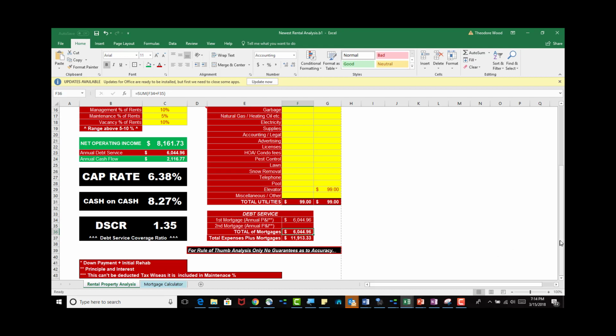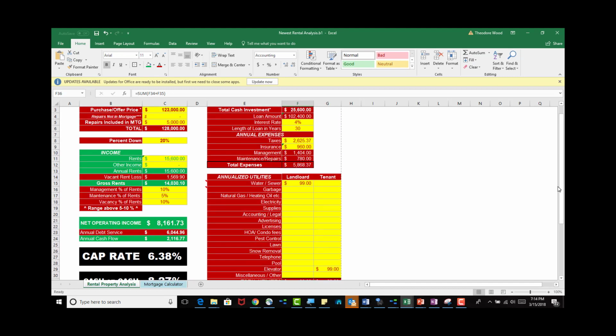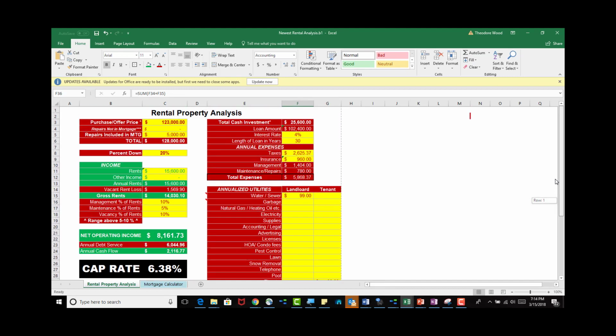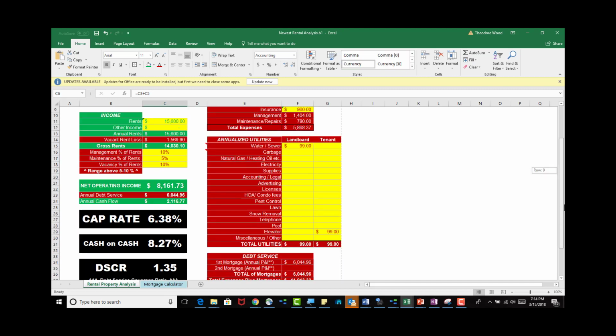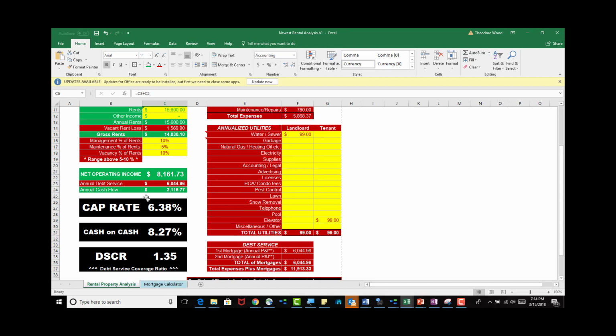So what you're doing is taking C21, which is your net operating income, divided by how much money you have in the property, C6, your total investment in the property.